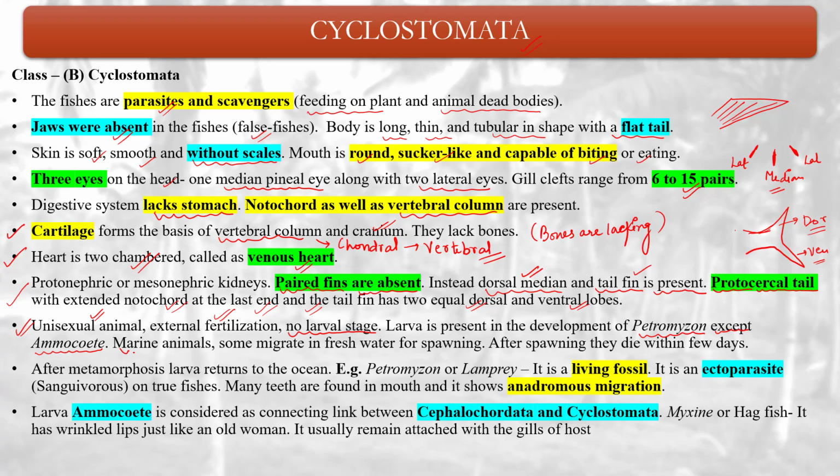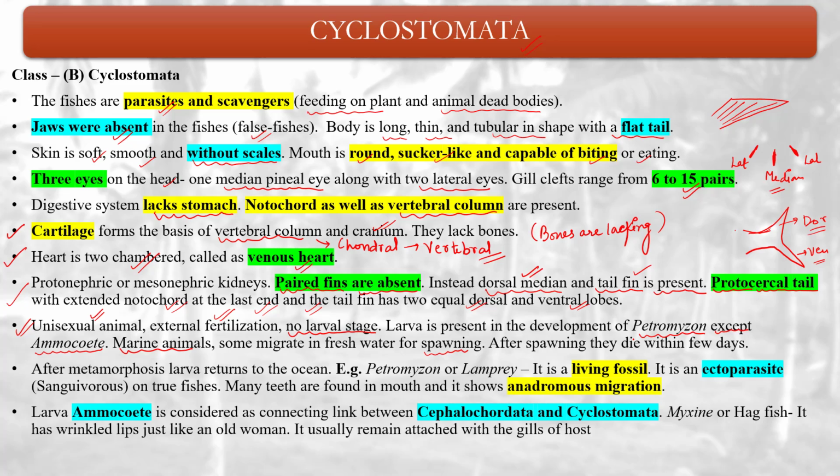They are marine animals, meaning salty water living. Some migrate to fresh water for spawning. After spawning, they die within a few days. So Petromyzon is an exception in that it has larval development.